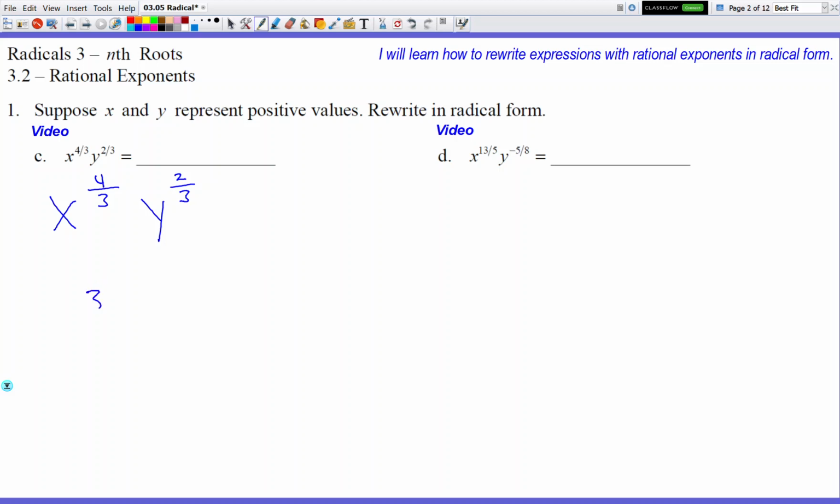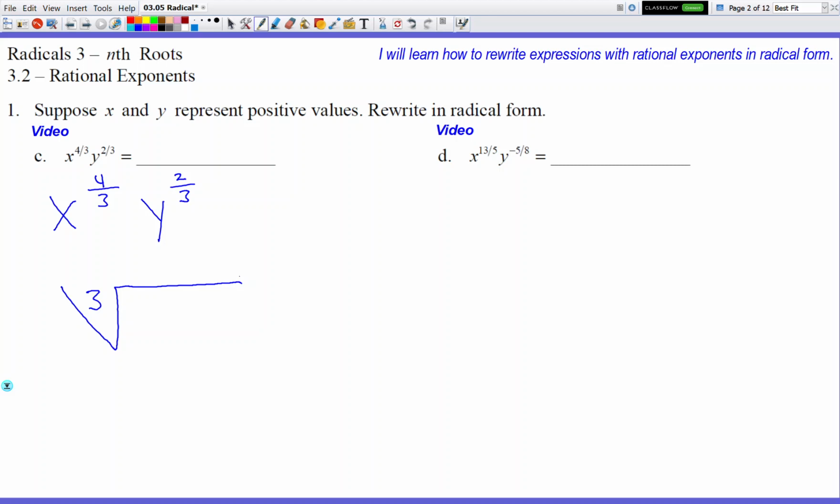They're both going into a cube root, or third root radical, whatever you want to call it. So that's why I make one ginormous third root radical, because that's where they're both going. Inside that third root radical, there's going to be 4 x's and 2 y's.